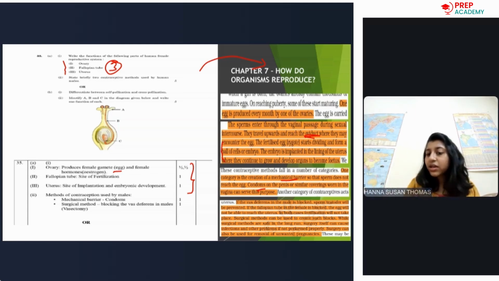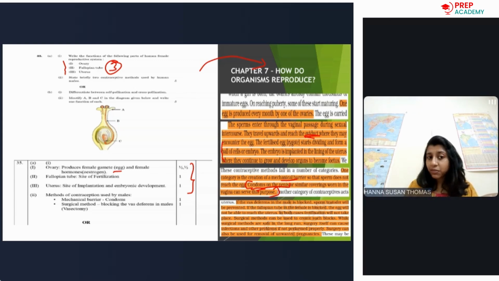Condoms are examples of mechanical barriers. Condoms on the penis or similar coverings worn in the vagina can serve this purpose. This statement includes both male and female, but you have to only focus on males. Condoms on the penis, that is an example of a mechanical barrier.